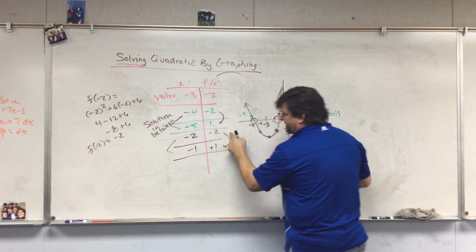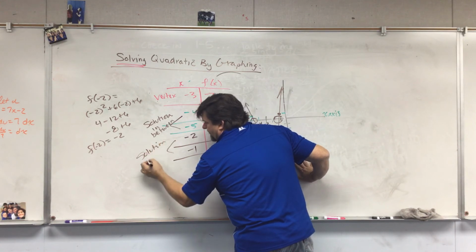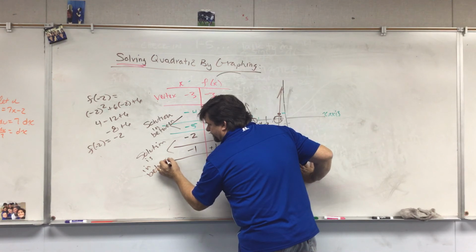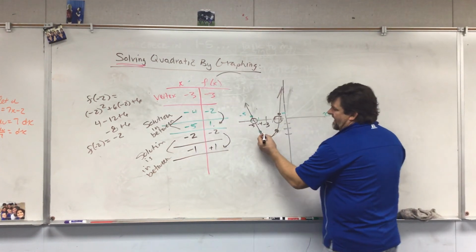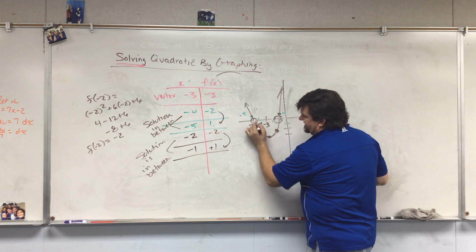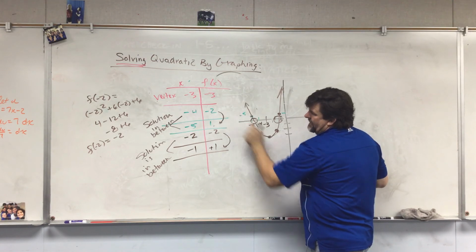So right here, negative to a positive, the solution is in between. Because the graph is traveling from this point to this point, and it crosses in between the negative 4 and the negative 5. It crosses somewhere in between there.